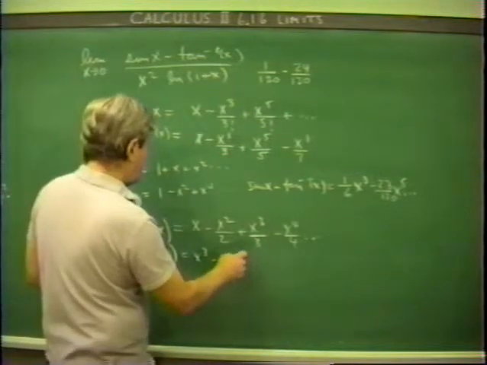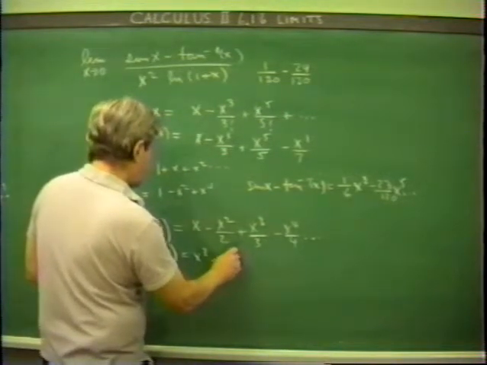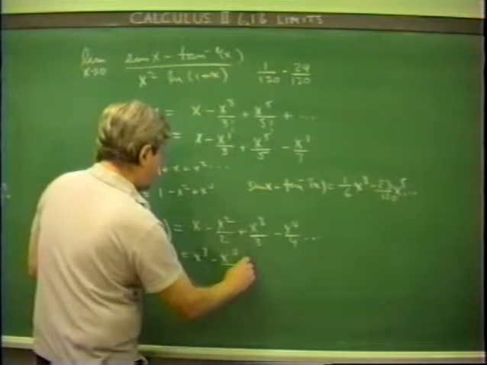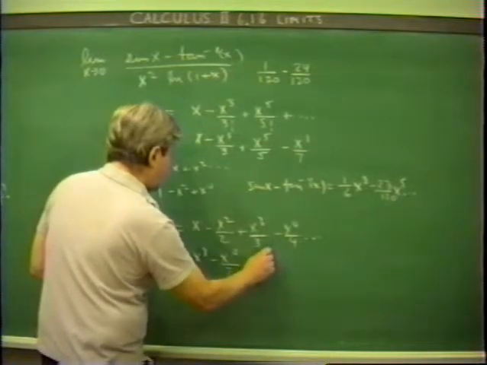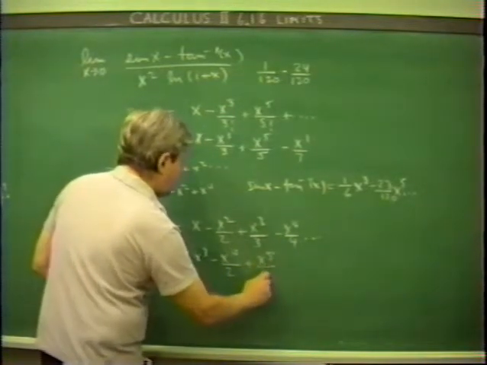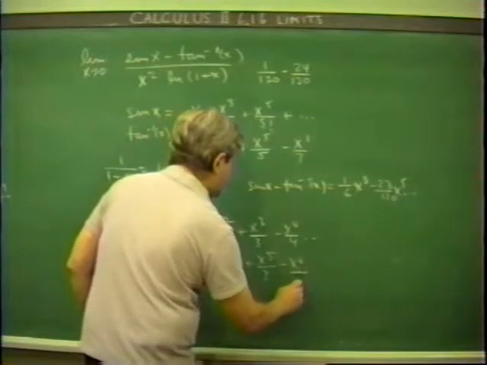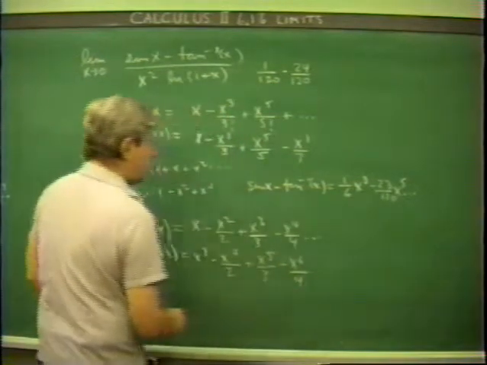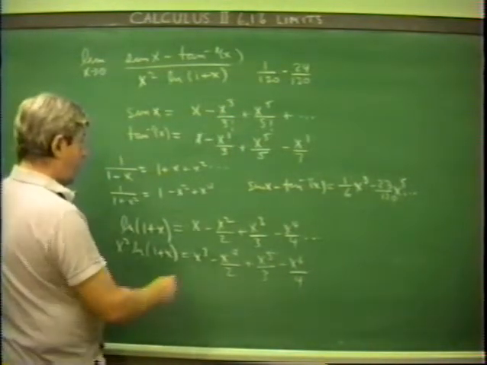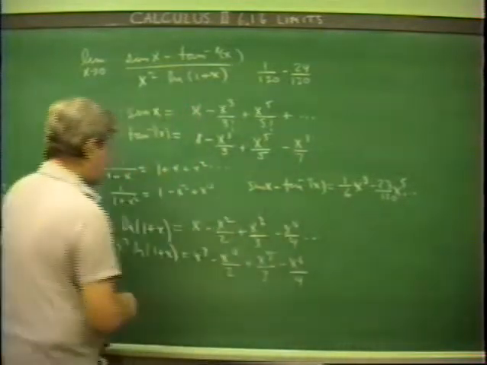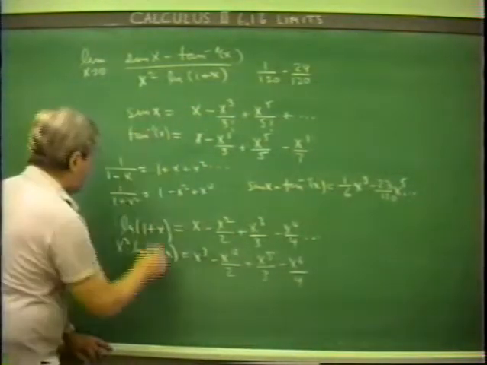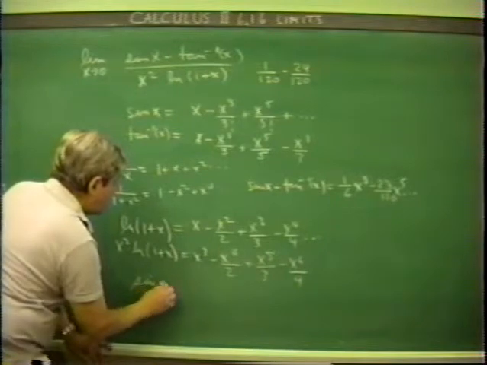So x squared times this: x squared log of 1 plus x is going to be x cubed minus x to the fourth over 2 plus x to the fifth over 3 minus x to the sixth over 4.